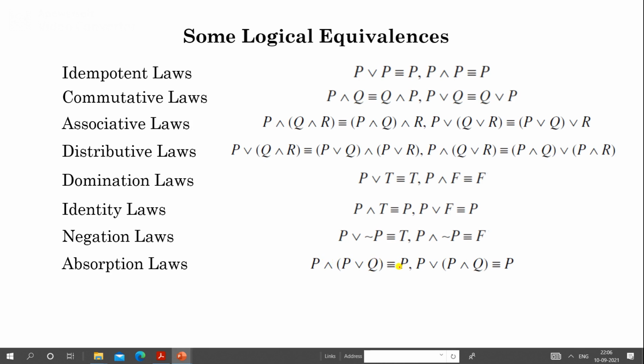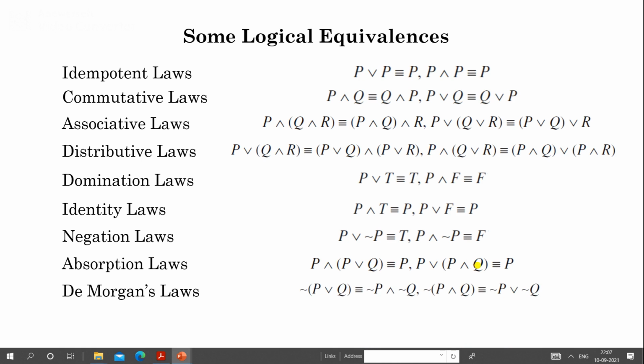It means this is equal to P. When P is false, false and whatever the value of P or Q, because and is there, this is false. So P and (P or Q) depends on P. Whatever the value of Q, every time this expression has the same values as P. Similarly, you can define P or (P and Q), this is equivalent to P.